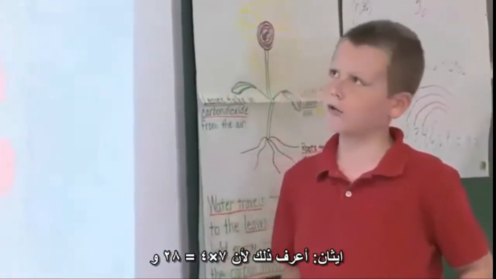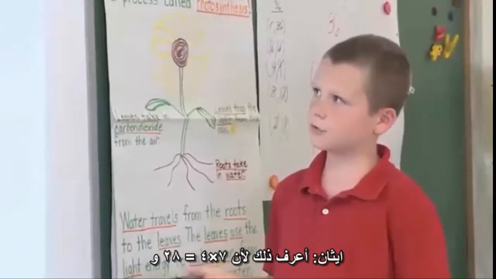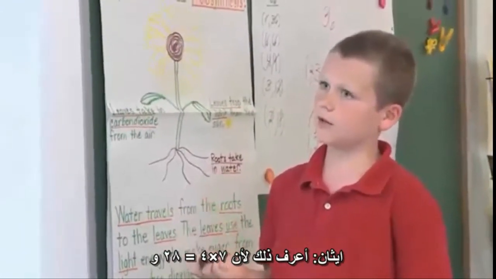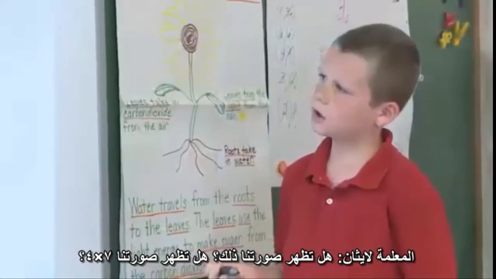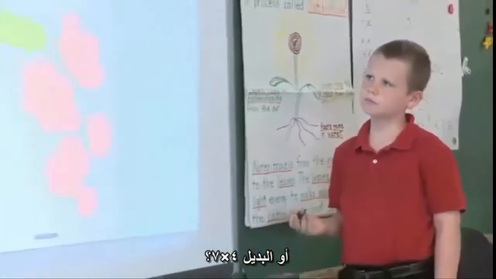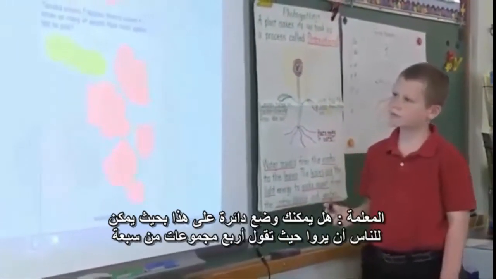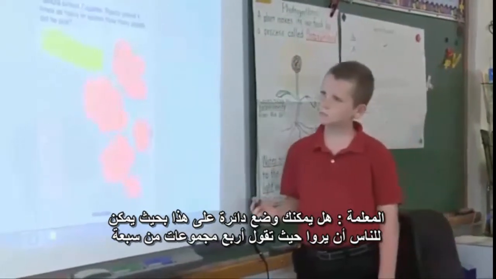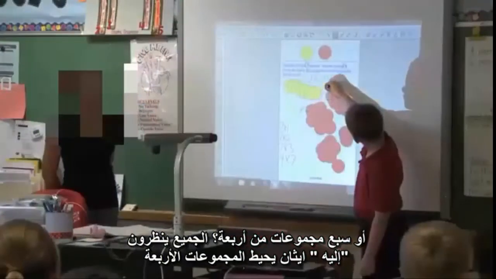How do you know that? I know that because 7 times 4 would equal 28. Did our pictures show that? Did our pictures show 7 times 4 or the commutative 4 times 7? Can you circle that so people can see where it says 4 groups of 7 or 7 groups of 4, however you want to look at it?